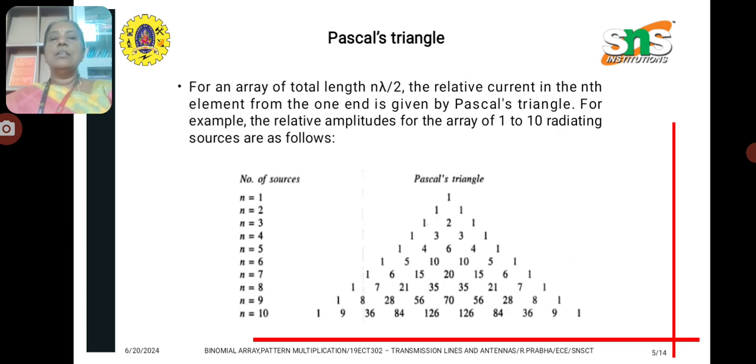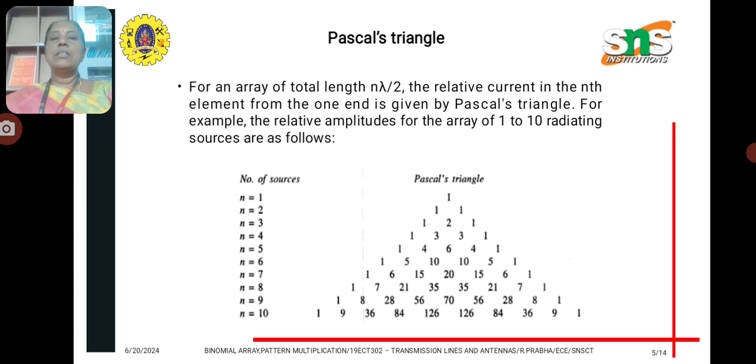We can simply calculate the amplitude of each element in a binomial array by using Pascal's triangle. For example, if we have an antenna array of 1 to 10 radiating sources, for n equal to 1, according to Pascal's triangle, its amplitude is 1.